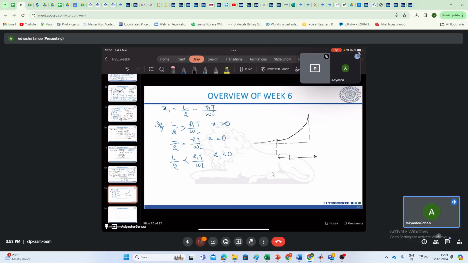So up to here is L, and X1 is beyond this point, and X2 is this, right? So this is your D1 and this is your D2. So this is the case.